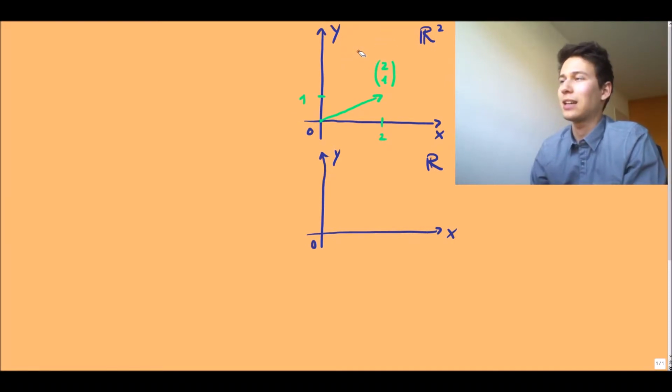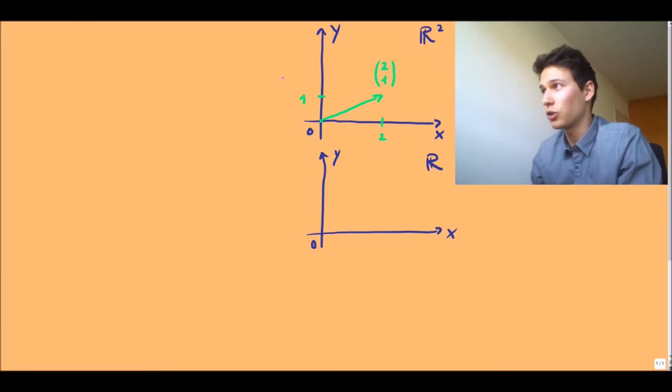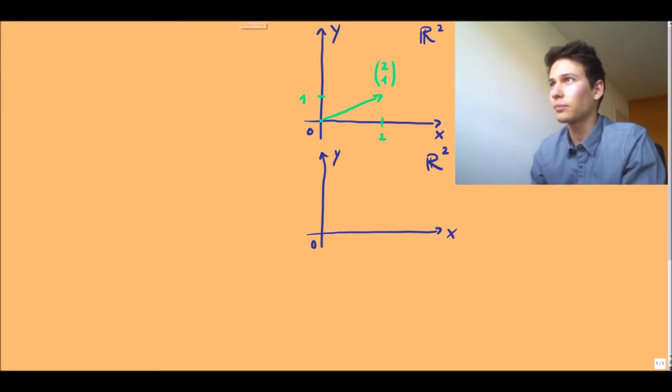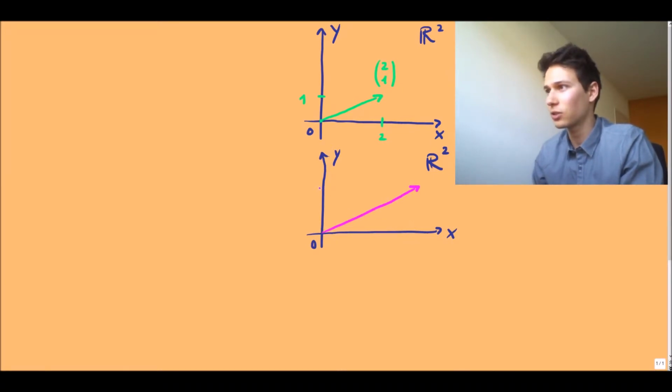So our aim now is to transform this vector up here to a new vector, and the new vector, oops, this should be R2 as well. The new vector should be this one, and let this be the vector with a y-coordinate 2 and x-coordinate 4, so this would be the vector 4, 2.